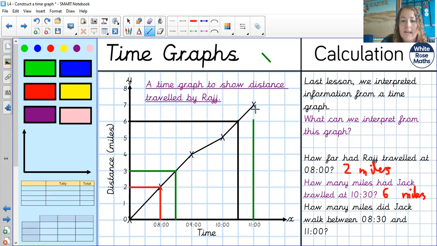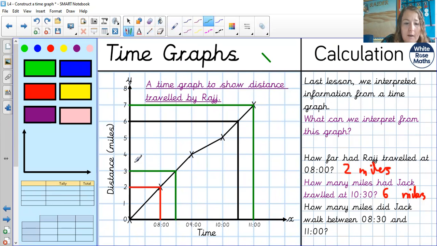I'm going to do one at 8:30, one at 11, and then compare these times. He had walked 3 miles already by 8:30, and then he had walked 7 miles by 11 o'clock. So we're going to be doing 7 take away 3, or the difference from 3 up to 7. So he walked 4 miles between those 2 times.